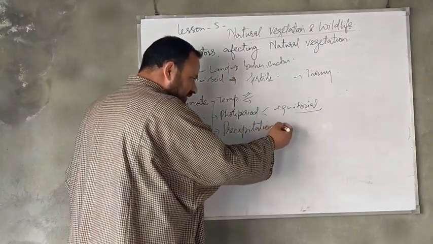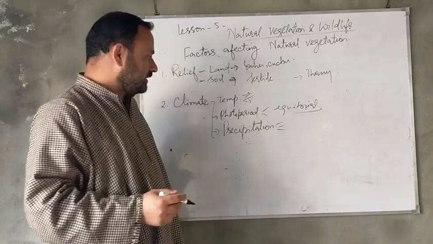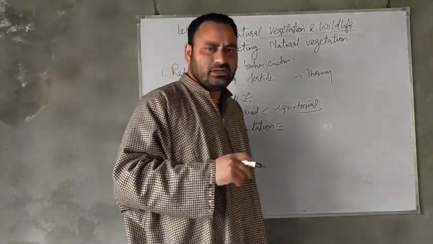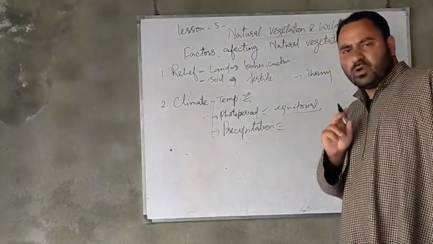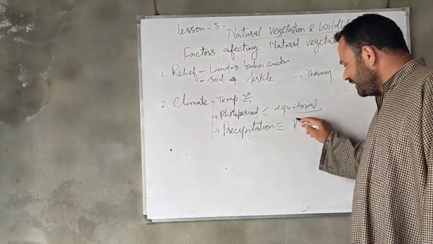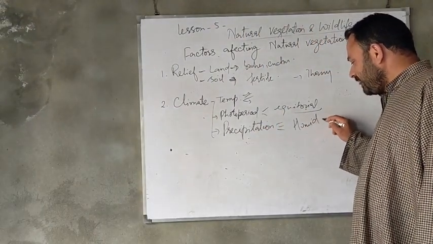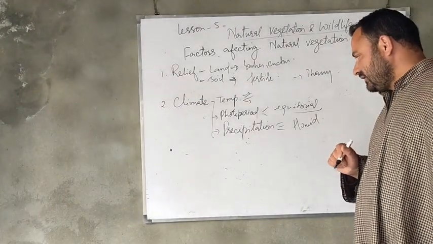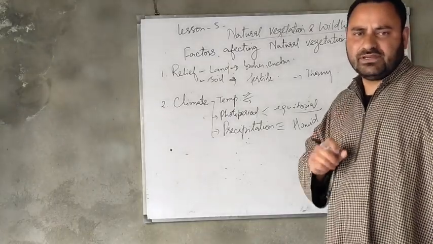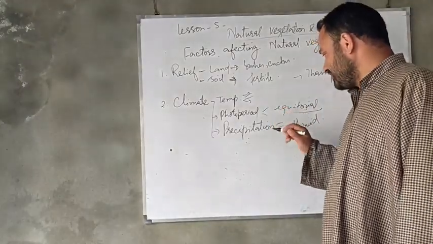And precipitation. It has been seen that the dense forests of the world are located in those areas which receive more rains, the humid areas of the world. The forests are very dense there, compared to those areas which receive less precipitation.